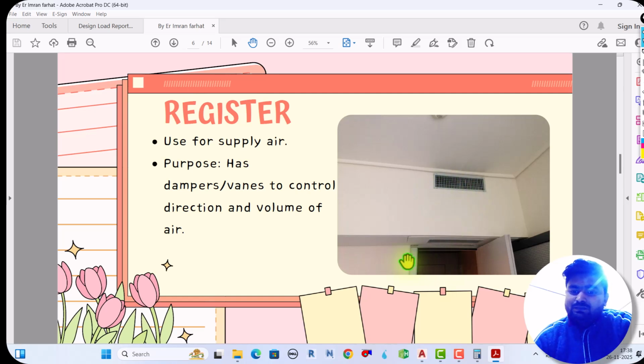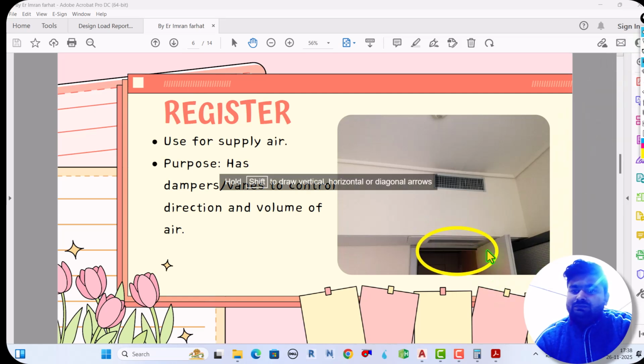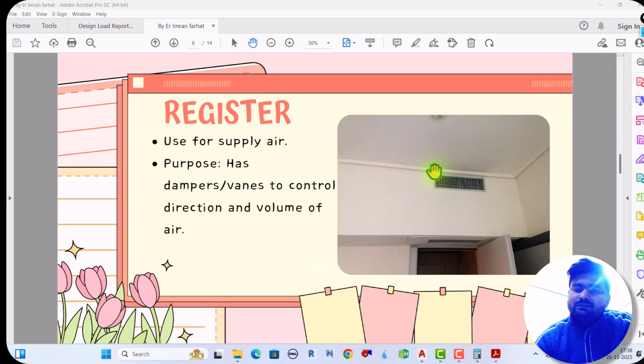See, this is the door, and above the door the ceiling is bulkhead type. Okay, so we use the register.